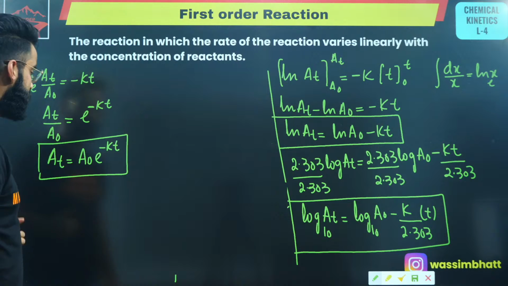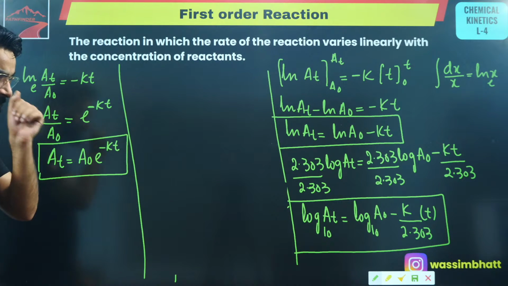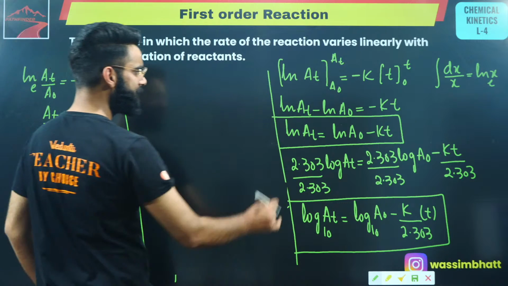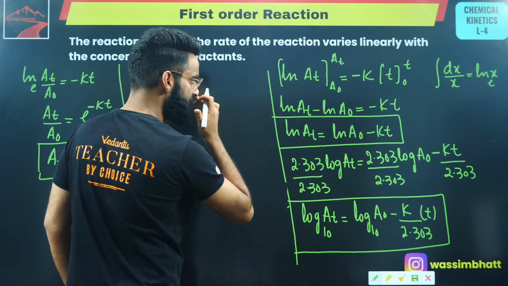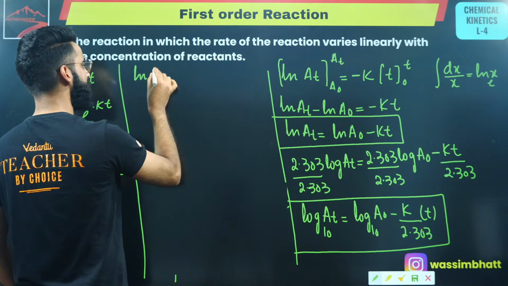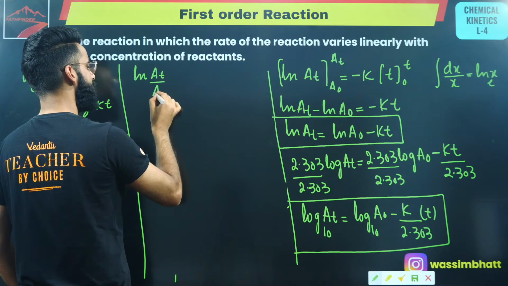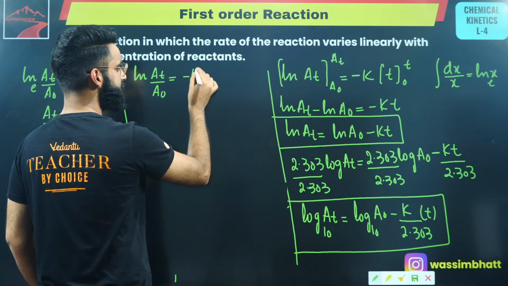Now let's make a few more forms of the integrated rate equation for first order kinetics. This is ln of At minus ln of A0, so I can clearly say ln of At divided by A0 is equal to minus kt.